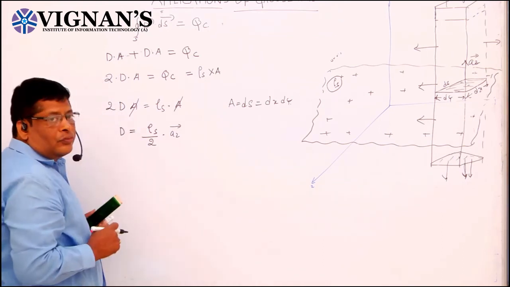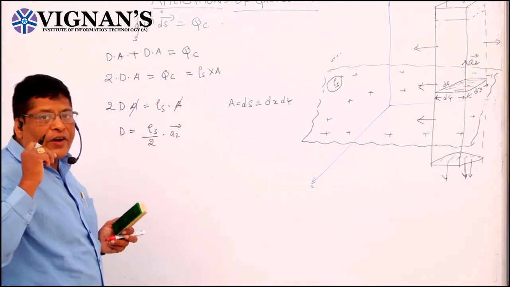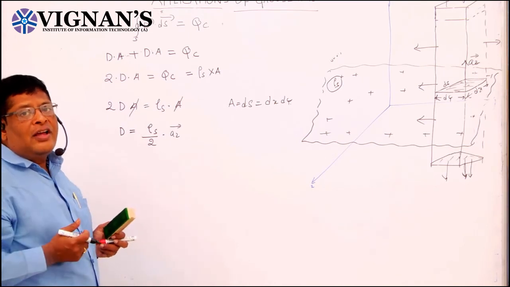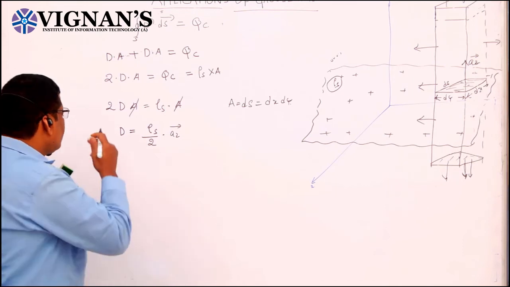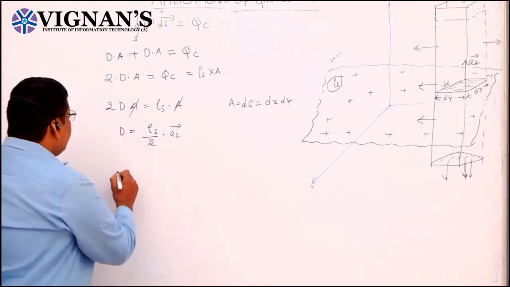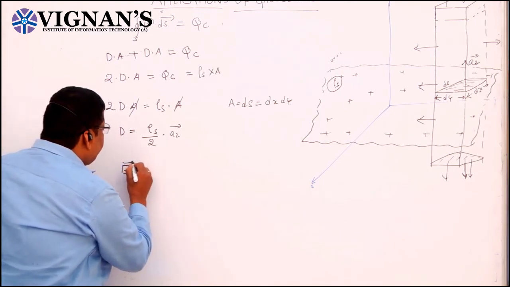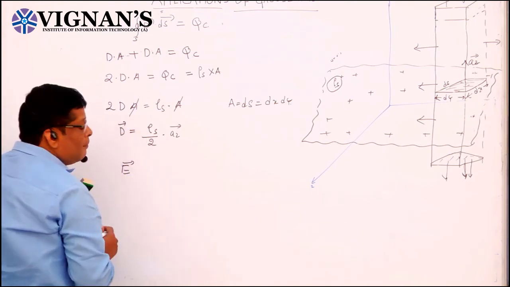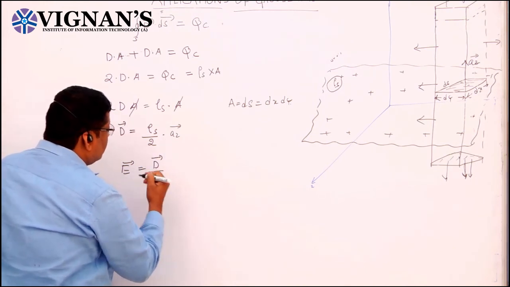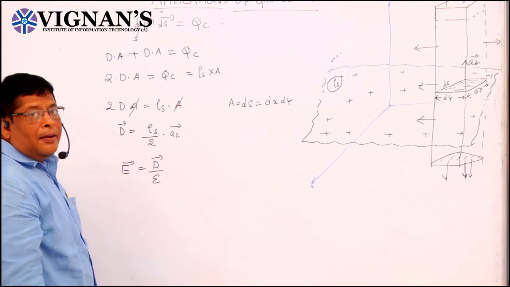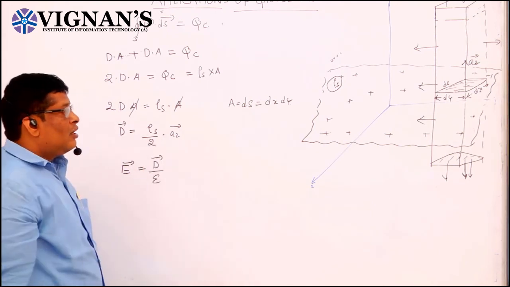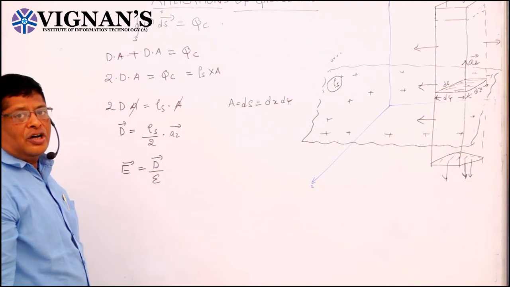Now, once we find the value of flux density, next we are going to find the electric field intensity. We know the relation between the flux density and electric field intensity: electric field intensity E bar equals D bar by epsilon. Epsilon is nothing but the permittivity of the medium in which we are placing the charged sheet.